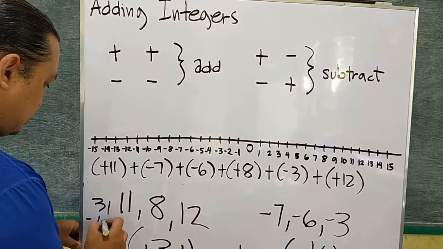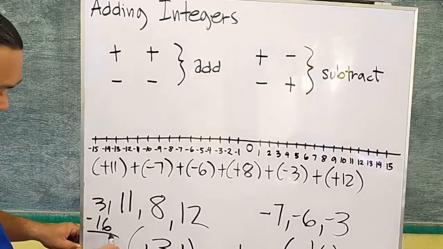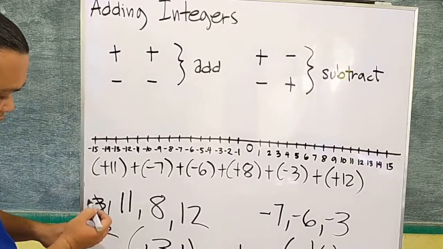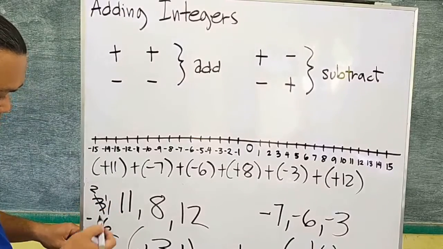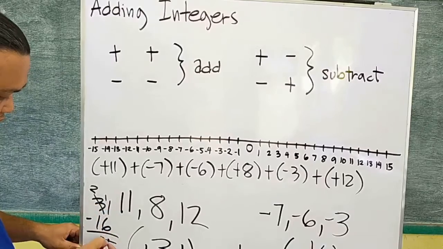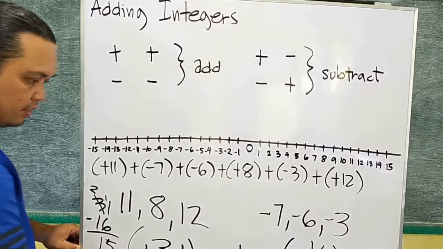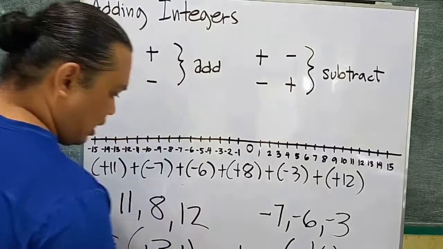Minus 16. Okay? So 1 minus 6 cannot be. So 1 will borrow 1 from 3. 3 will become 2. 1 will become 11. 11 minus 6, that's 5. And 2 minus 1, that's 1. So we have 15 for our number.